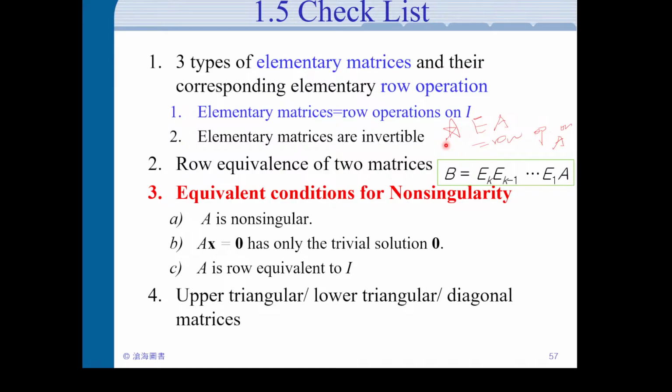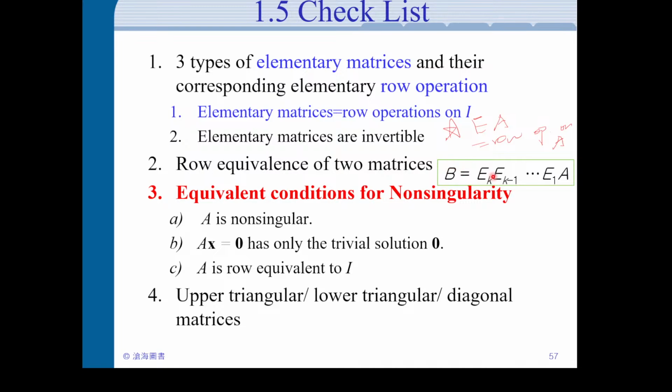Okay. And then we can define row equivalence between 2 matrices. And actually we can define this before, but anyway, now we see that row equivalence means that there is a sequence of elementary matrices that you can multiply on your matrix to turn your matrix A into matrix B.